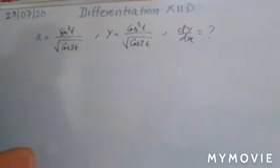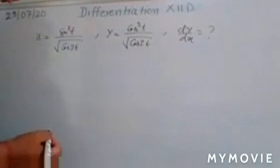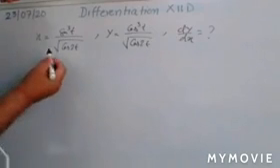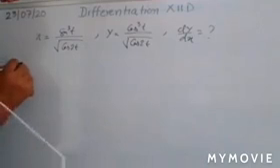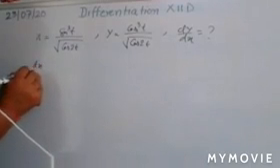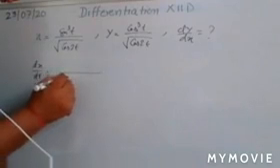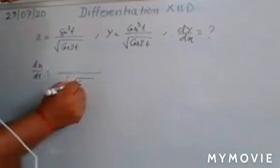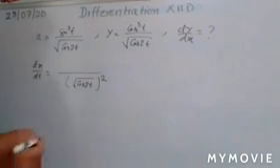For simplifying it, you have to apply the quotient rule here and differentiate x and y with respect to t. So dx by dt is equal to, applying it, square of the denominator, means square of root cos 2t whole square.